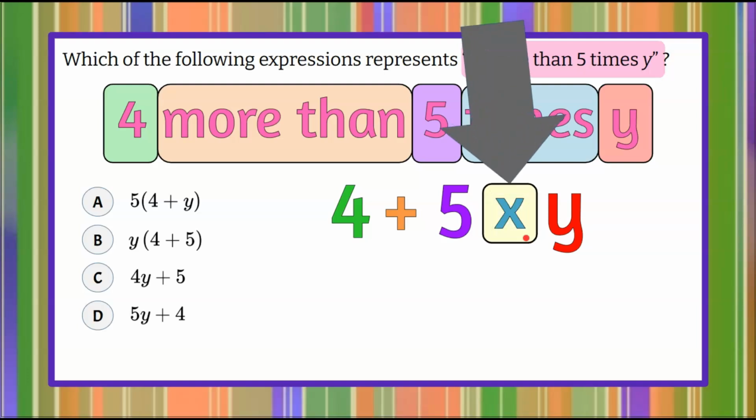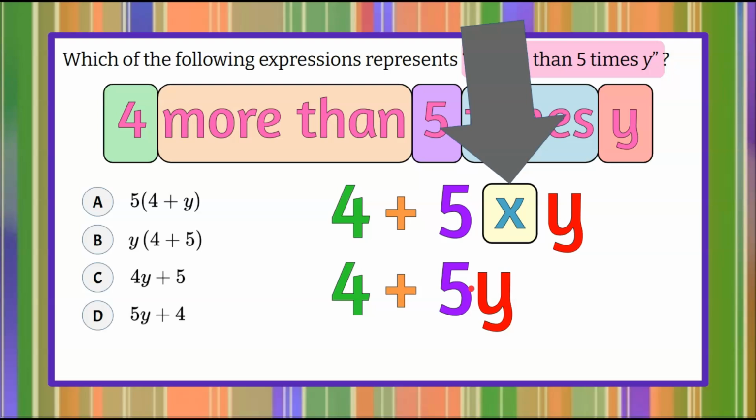We can now consider that multiplication as invisible between a coefficient, a number, and a variable. So let's rewrite this without the multiplication sign. 4 add 5y. 5y is 5 multiplied by y, and there's an invisible multiplication sign here.